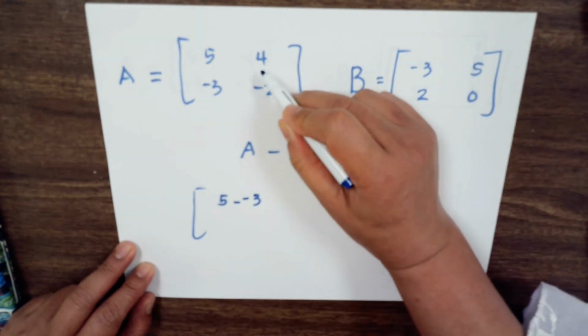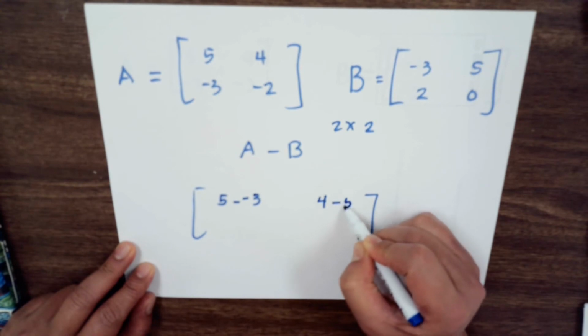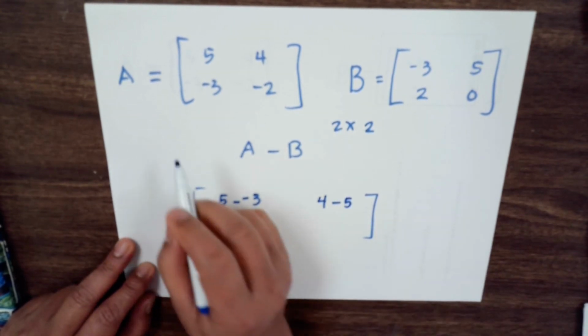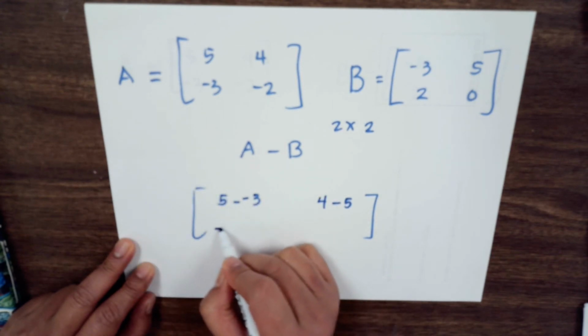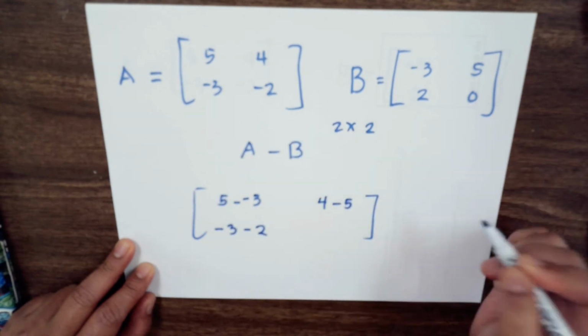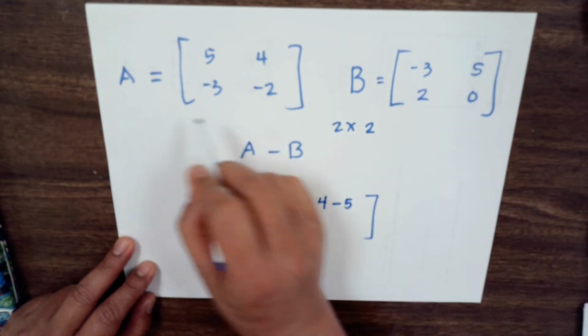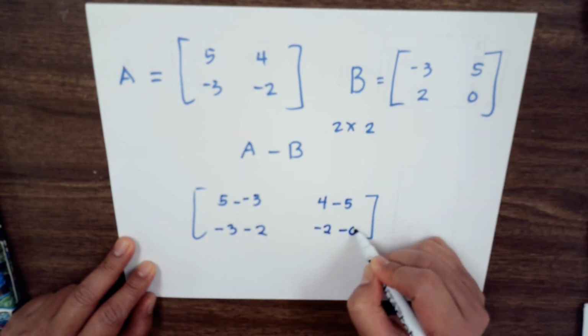And I have here for A12 to be 4 minus 5. And then for our A21, that's negative 3 minus 2. And then you have A22, that would be negative 2 minus 0.